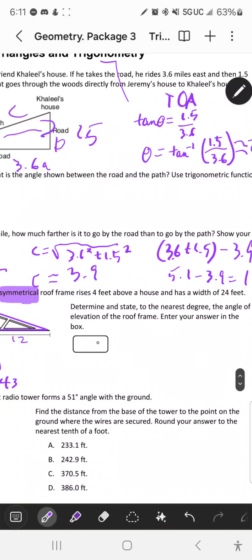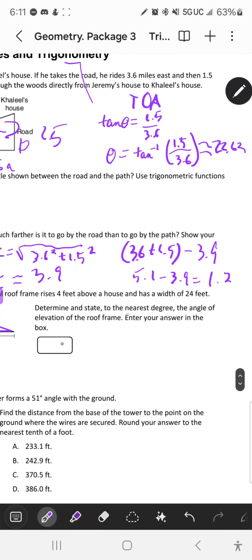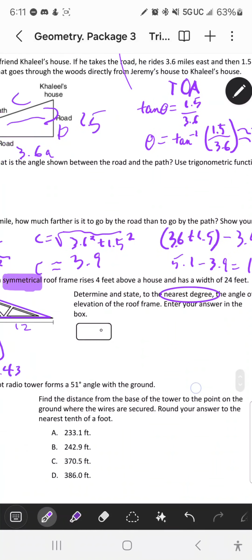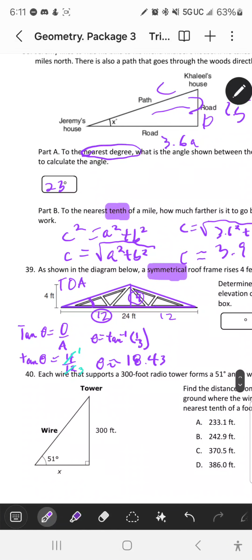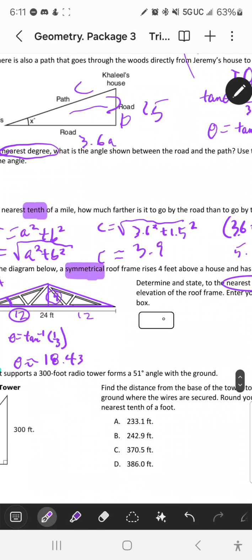Now, do they say to the nearest degree? In every single question you need to look for that, so you know where to round to. So if it is to the nearest degree, 4 is less than 5, so it just stays as 18.